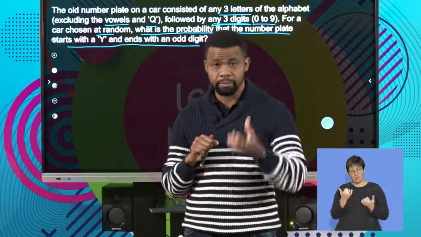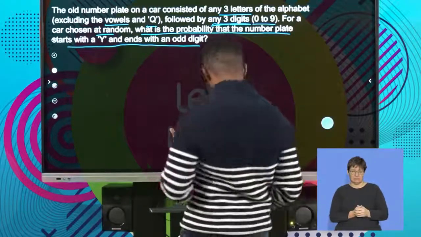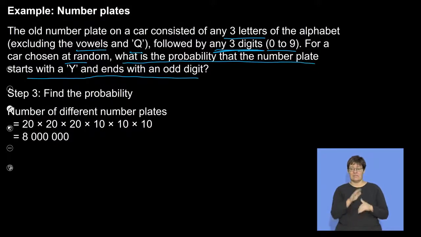How do we calculate the probability? Step 3 now, to find the probability. So we know the number of different number plates. It would be 20 times 20 times 20 times 10 times 10 times 10.